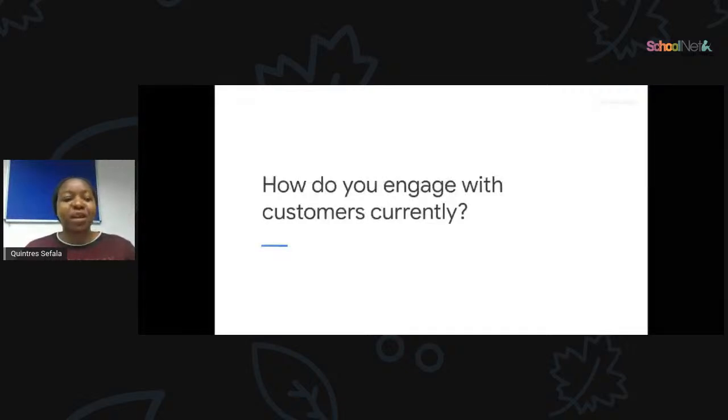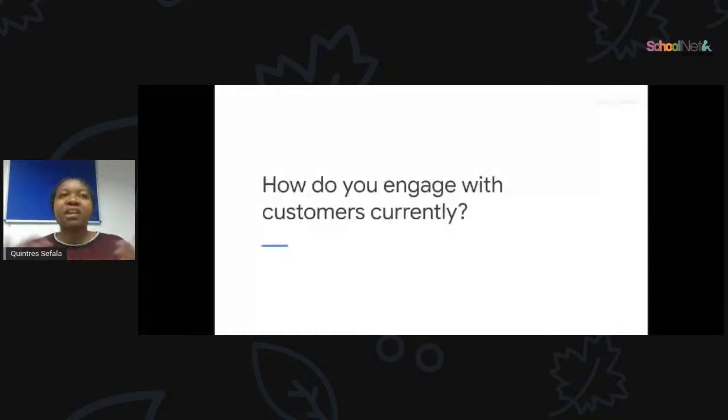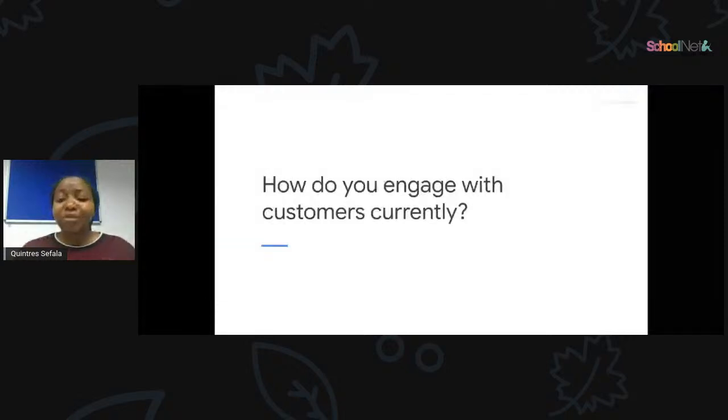We could engage with them from different platforms. If you decide to go with Google advertisement, you could engage your Google business profile if you have one. That's where you can engage with your customers. You could use your social media platforms, your Facebook, your WhatsApp, your Instagram, you could use LinkedIn, whatever social media platform works for your business, you could use that to engage with your customers.